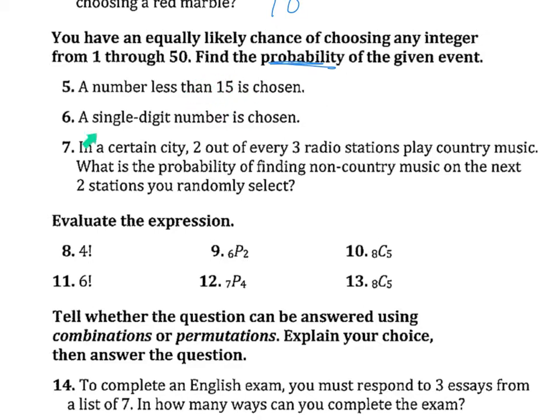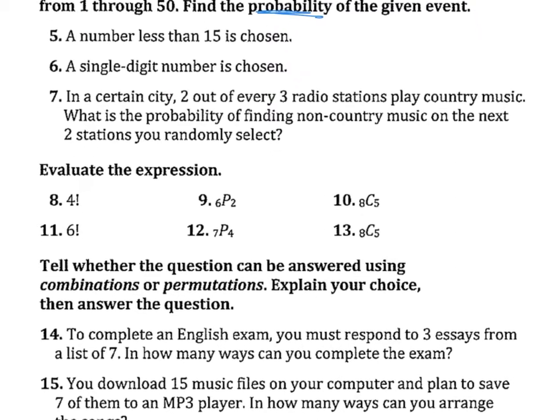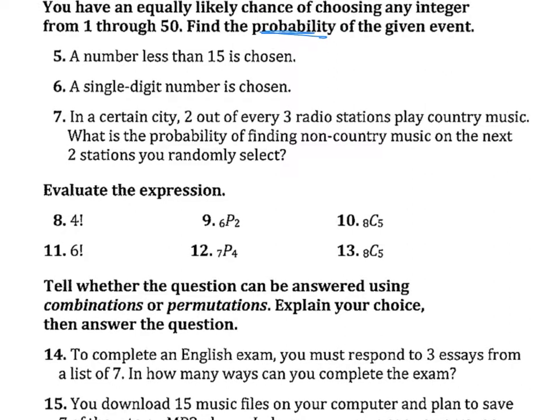In question number 6, what's the probability that a single digit number is chosen? Single digit number. Remember, we're starting with 1. In question number 7, in a certain city, 2 out of every 3 radio stations play country music.